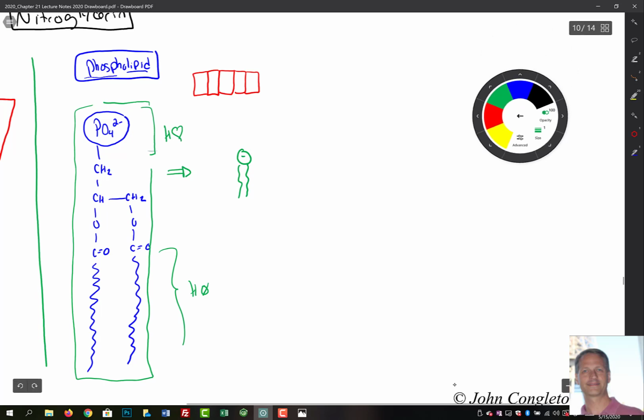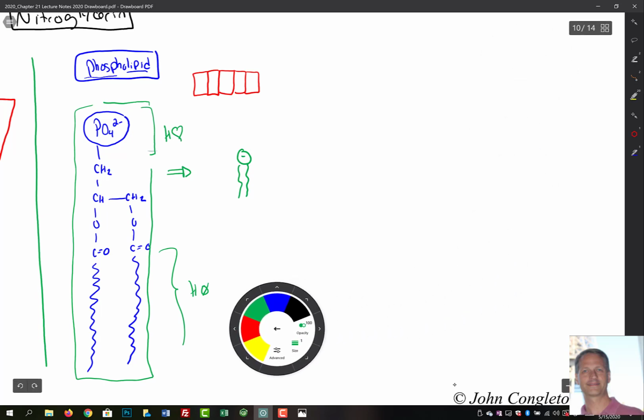Now, what happens is that when these organize with each other, especially in a solution that contains water, we end up getting this thing called a phospholipid bilayer.